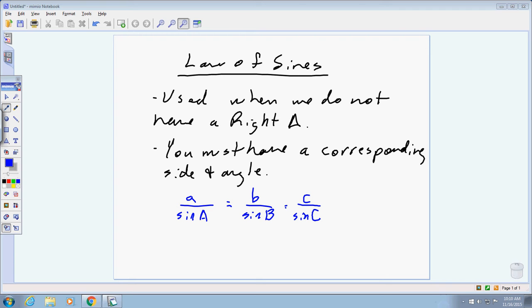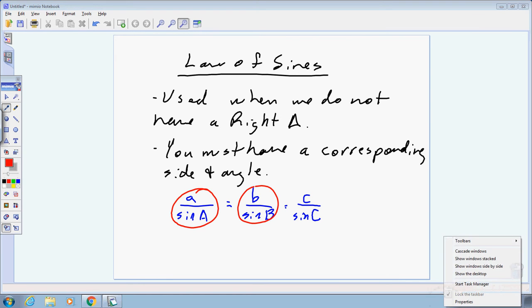It just has to line up and match whatever you're doing. The nice thing about the formula is you only ever use two parts at any one time. So we might only use this one and this one this round, depending on what we're looking for. The next one we might use the corresponding side C and angle C and the A's. That part doesn't matter. So let's do an example so you can see how this gets used.